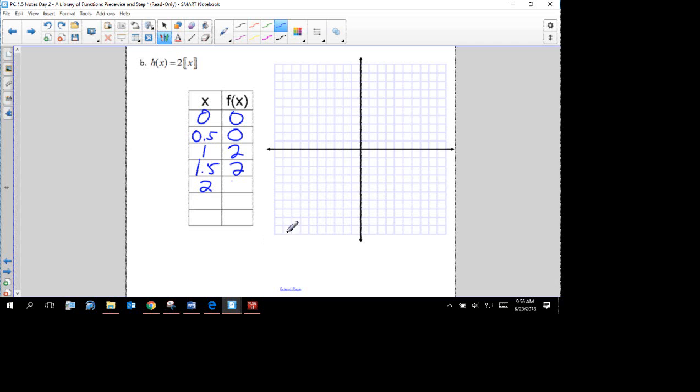I get out 4. So my first stair is going to go from 0, 0 all the way to 1, 0 with an open dot at 1, 0. Then it's going to jump up to 1, 2. And it'll jump up to 2, 4. So then you can see that these stairs are just steeper, because we had a vertical stretch, if you remember transformations. It's good to start hearing it now anyway. They're going to be wide, like stretched vertically.